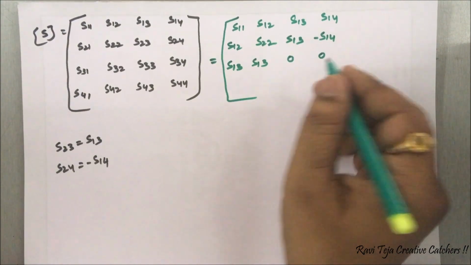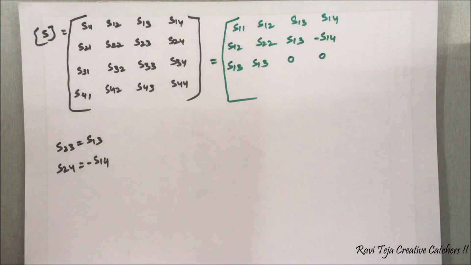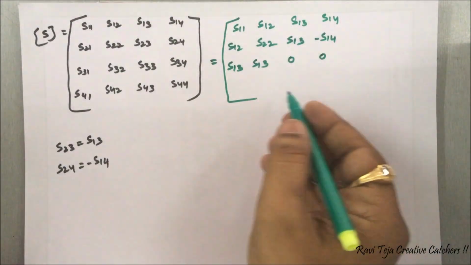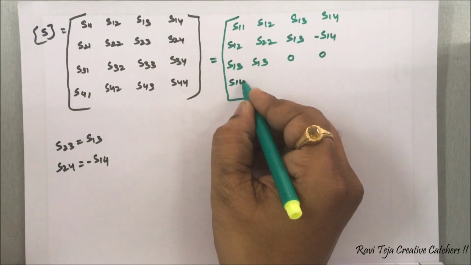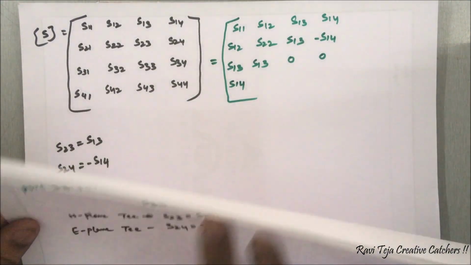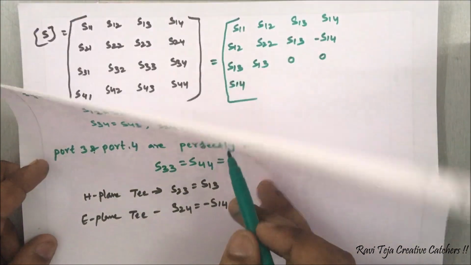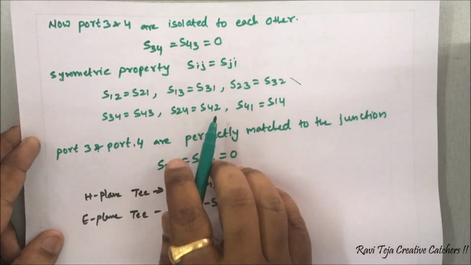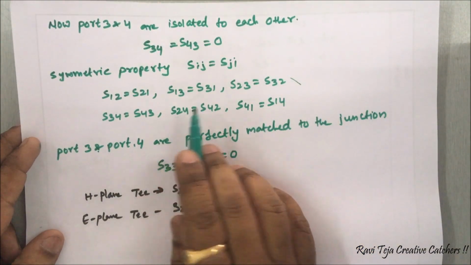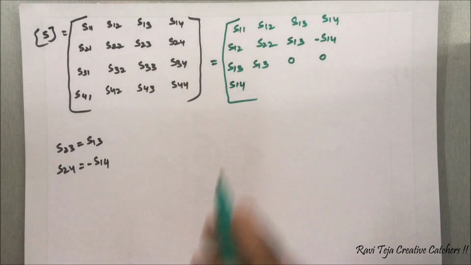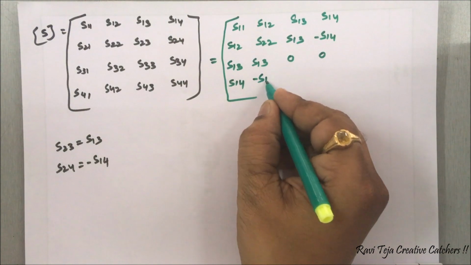S41 is S14, so write S14. S42 is S24, which is minus S14, so write minus S14.